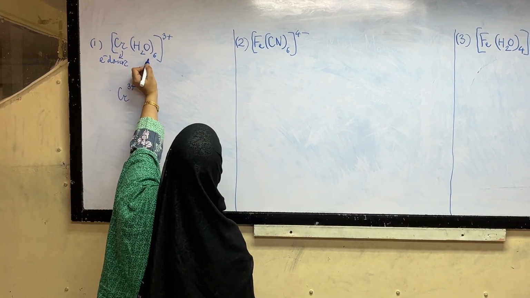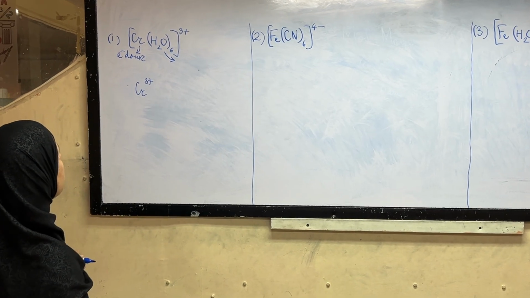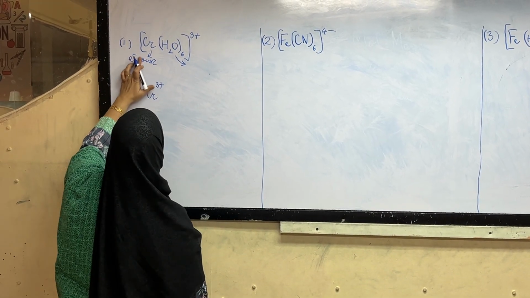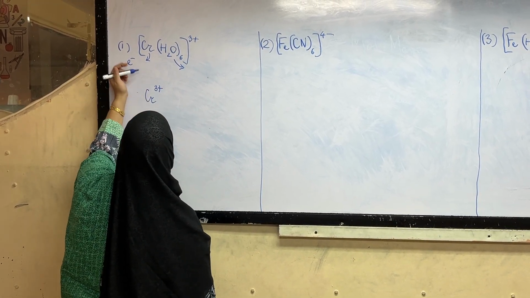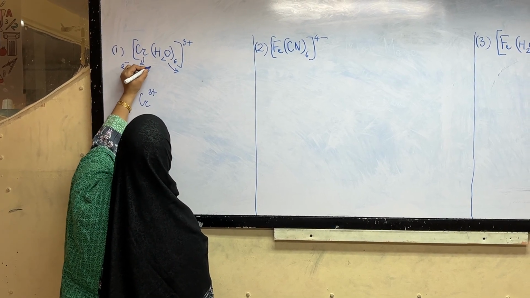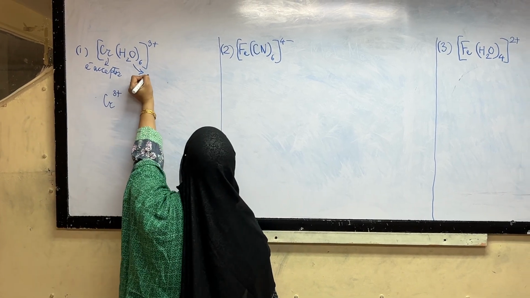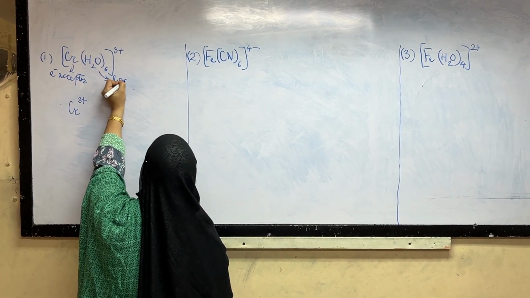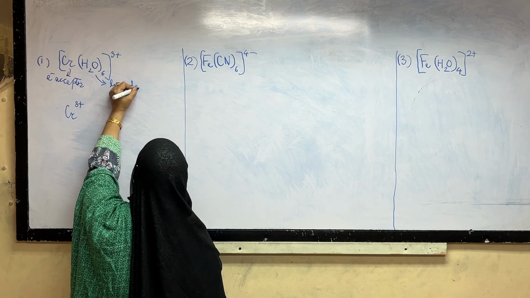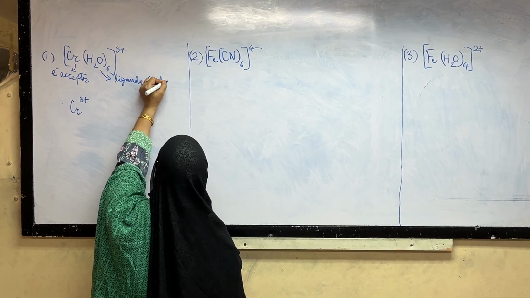The chromium ion is the electron acceptor, and the water molecules are called ligands, and they are electron donors.